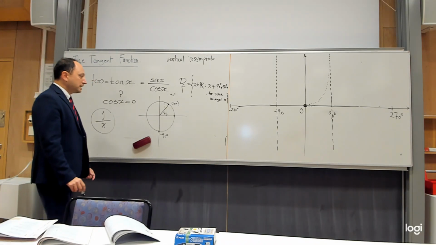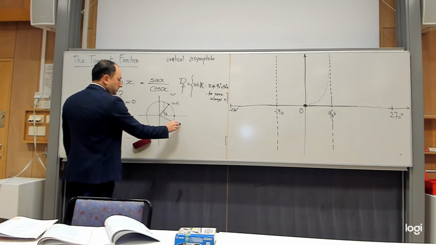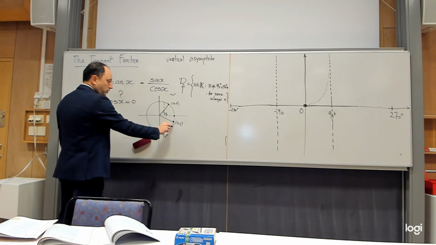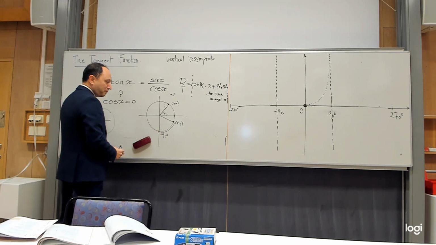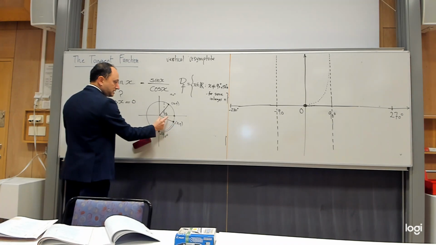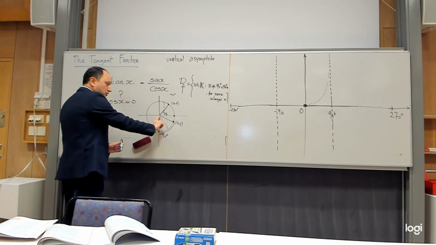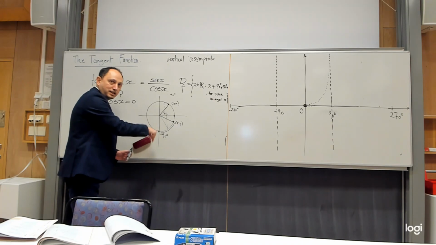Now, what happens if I am here? Be careful about that. So here I have these x and y coordinates. If I move towards minus 90 degrees, what is happening? From a size point of view, the x value is getting smaller and smaller. But the y value, from a magnitude point of view, is increasing, but of course in the negative direction.